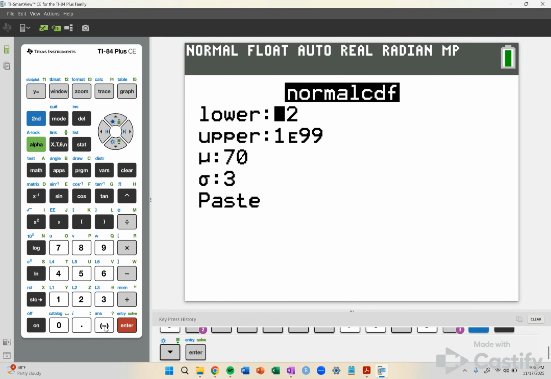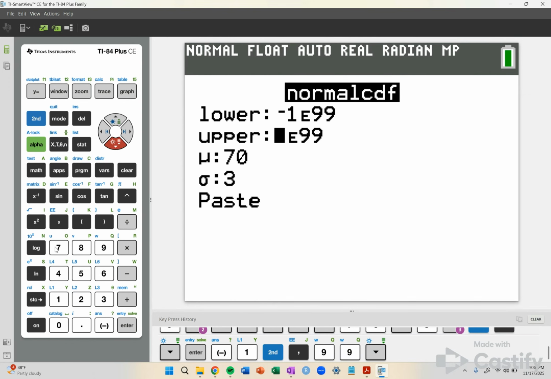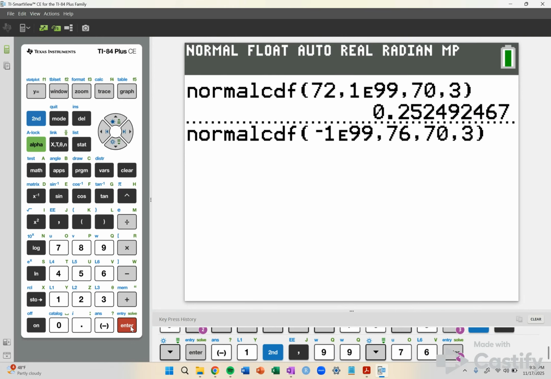We can't really type negative infinity, so we use negative 1 times 10 to the 99th power. Upper limit here of 76, same mean and standard deviation in this example. Enter, and we find that 97.72% of men in the US are less than 76 inches tall.